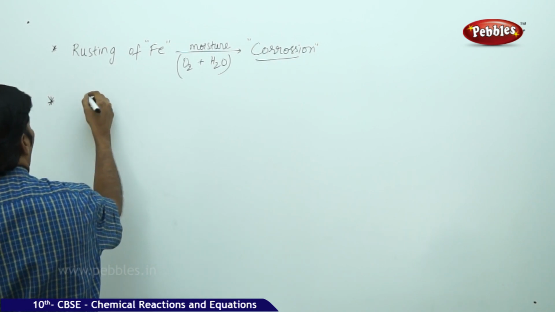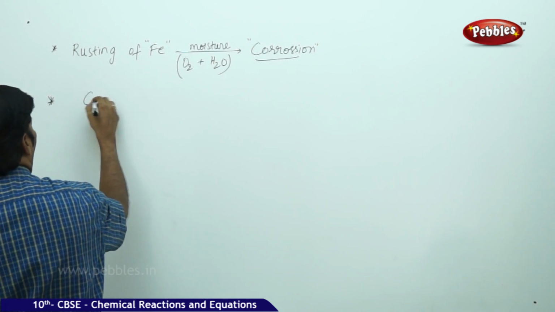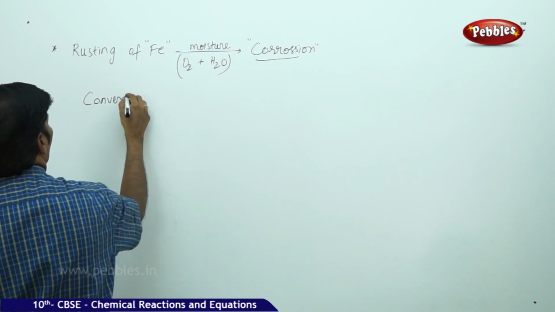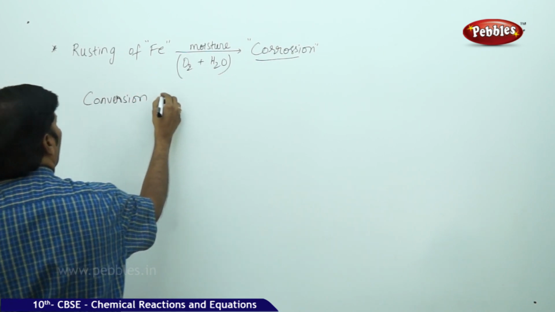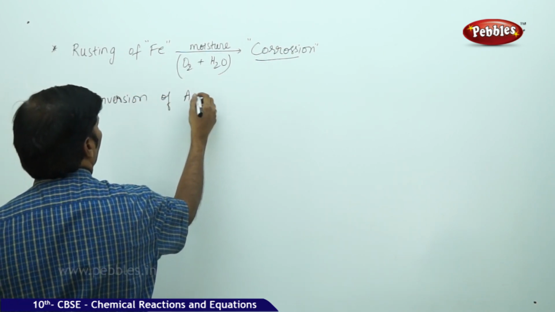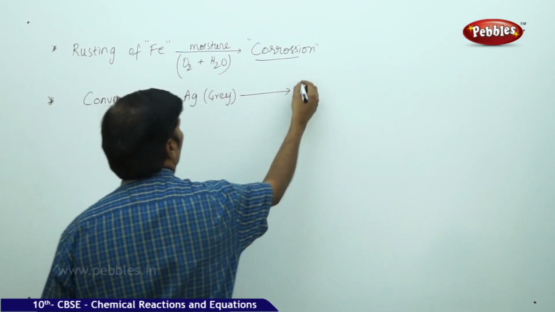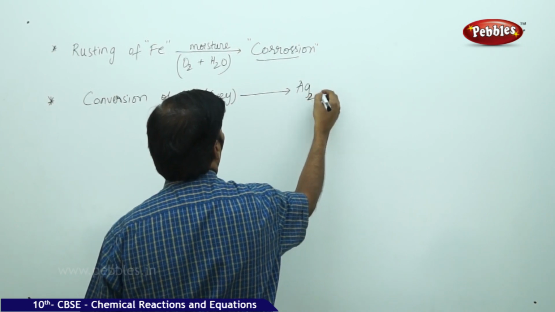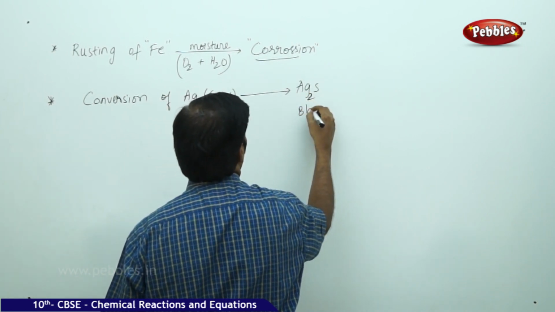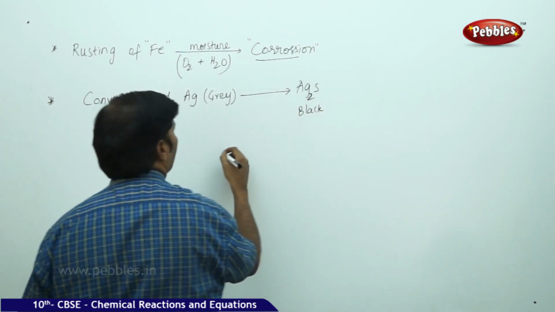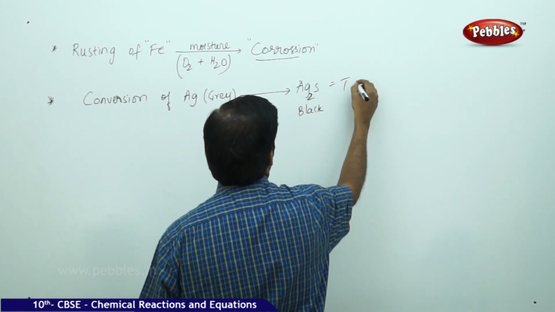Then the conversion of silver, which is grey, to Ag2S, which is black, we call this process tarnishing.